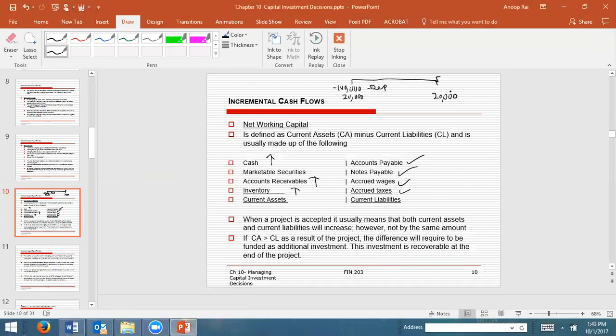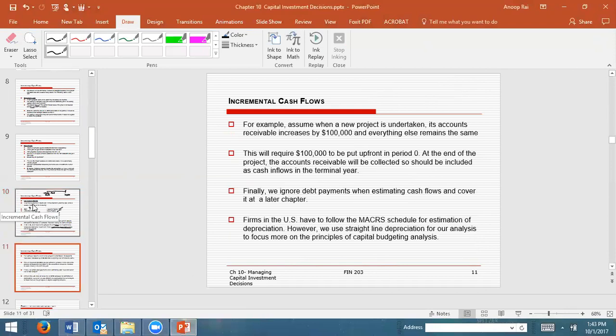So when you close shop, if you have given credit to clients, it will eventually come back to you. If you have built extra inventory, it'll come back to you. Okay? So the only difference between this and the regular investment at the beginning of the period is that this investment is recoverable at the end of the project. So that's the main example.